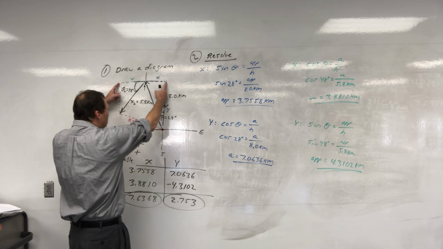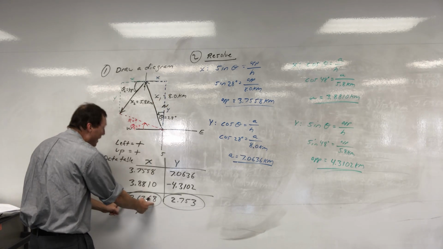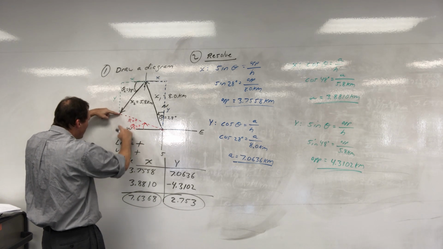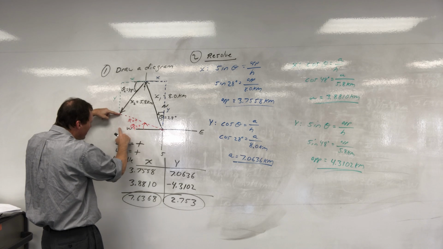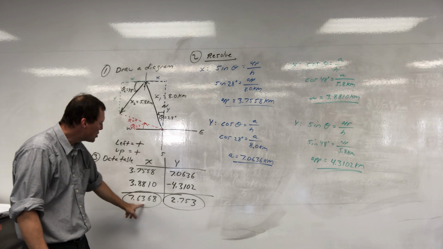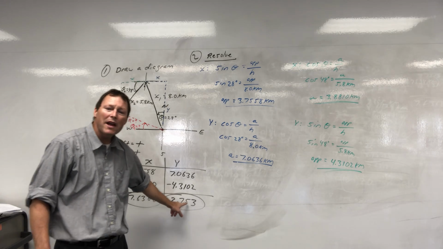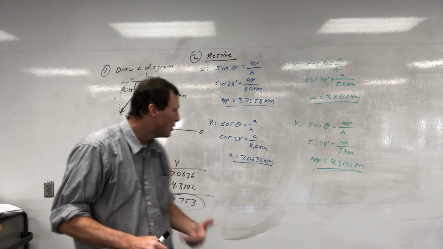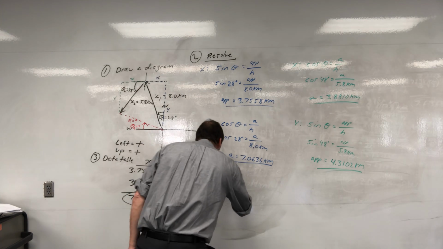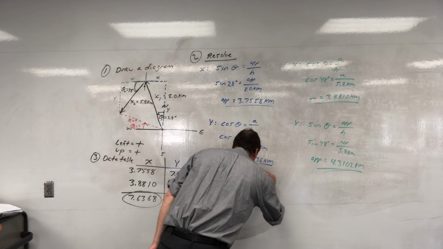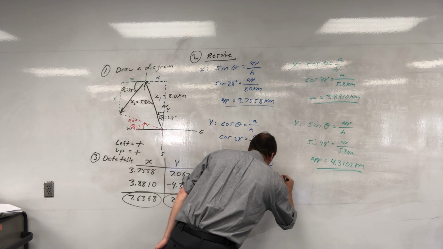So these x components are going to equal that, and these two y components are going to basically equal that right there. And what I'm going to do now is using this x component and that y component, I'm going to draw a new triangle. So that's going to be step 4. Draw new triangle.